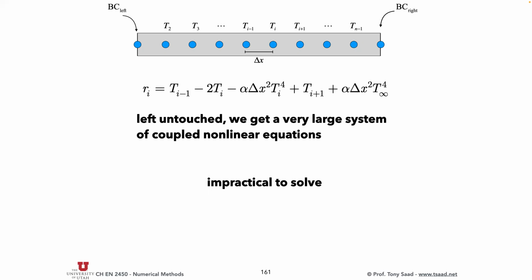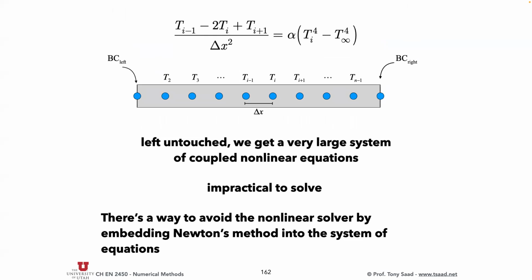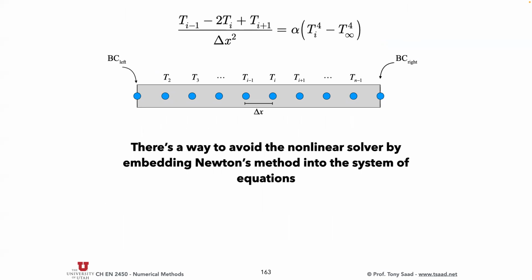So instead, there's a different methodology that essentially embeds the nonlinear solve, Newton's method for systems of equations, directly into this differential equation. So you're still almost applying Newton's method, but you're not doing it as a separate step. You're building it as part of the discretization process.